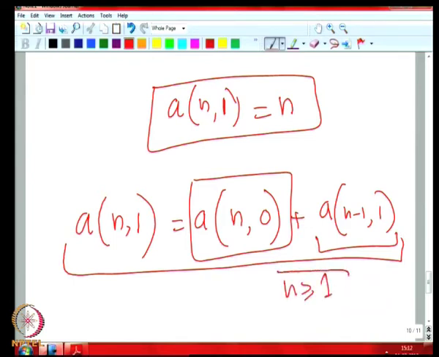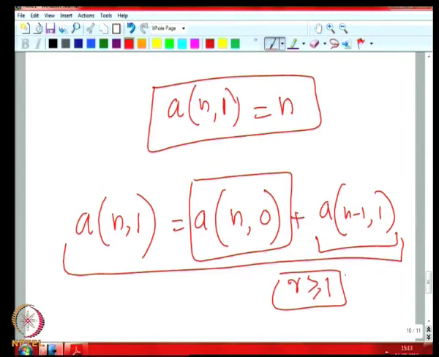If you put r equal to 0, then we would have to define something for A of n comma minus 1 also, which we are not going to do.